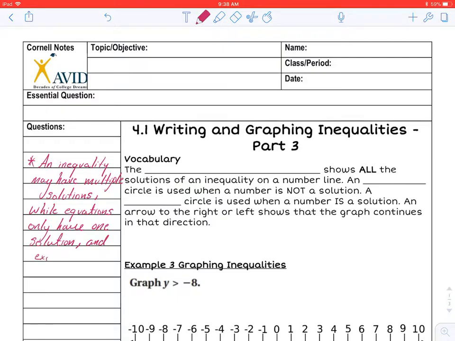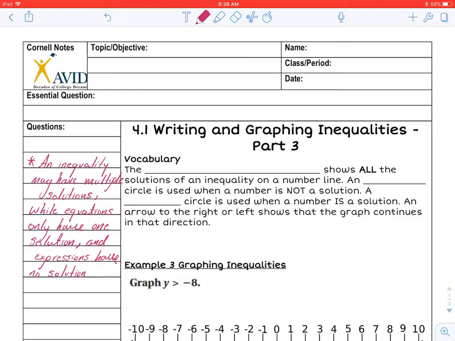And expressions have no solution. So an inequality may have multiple solutions, as we'll see today, while equations only have one solution.